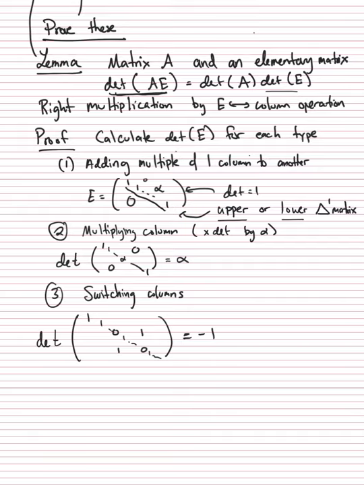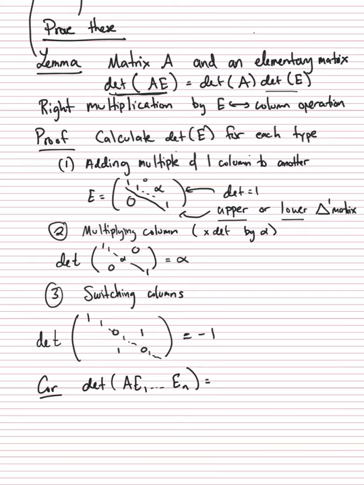So that proves the lemma, essentially by computation and checking all the cases. The power of this is that we can multiply on the right by many elementary matrices, and we know exactly what goes on with the determinant. Let me say this as a corollary. If I look at the determinant of A E1 up through En, you should think I'm taking my matrix and doing any number of column operations.